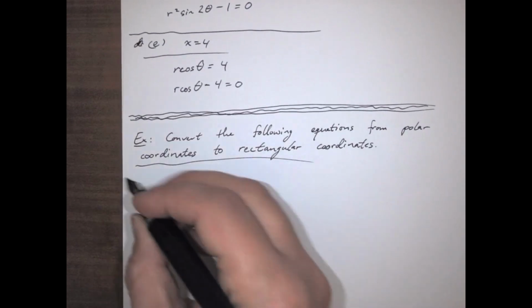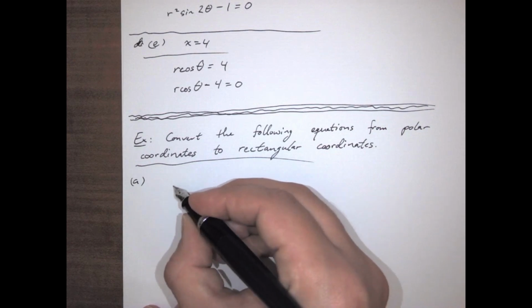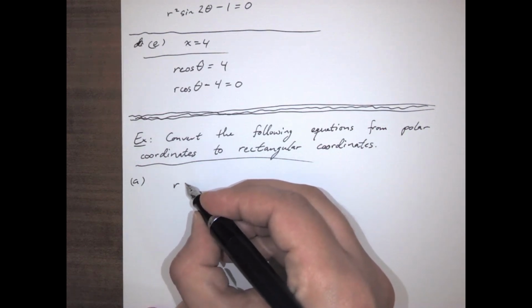And let's just start with something like this. So A, r equals sine theta.